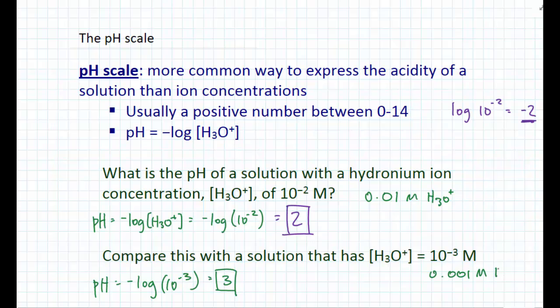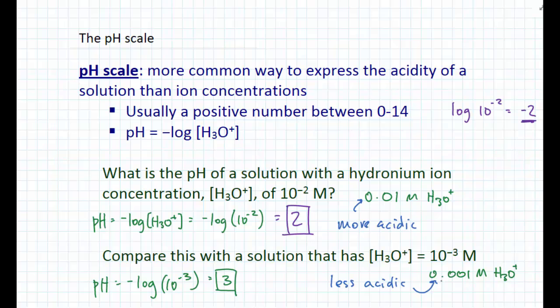So of these two, this is the more acidic and this is the less acidic. You can look at those concentrations to see how that goes. That's why the pH scale gets more acidic going down towards 0. As the negative exponent approaches 1, that's becoming more acidic, but that sign change makes our positive number approach 0, essentially.